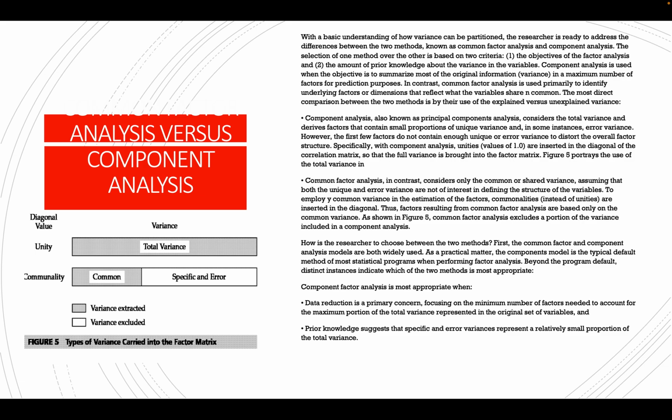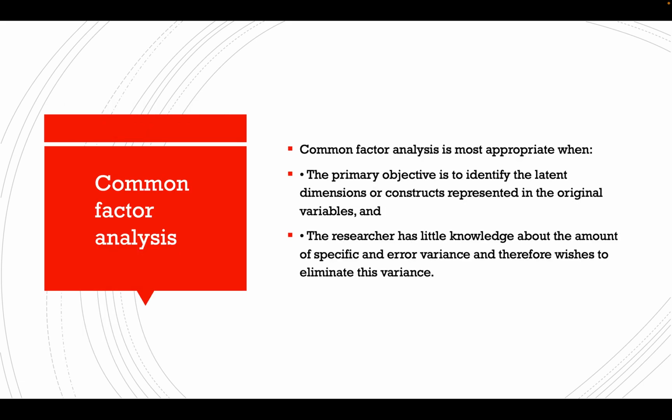Component factor analysis is most appropriate when data reduction is a primary concern, focusing on the minimum number of factors needed to account for the maximum portion of the total variance represented in the original set of variables, and prior knowledge suggests that specific and error variance represent a relatively small proportion of the total variance.